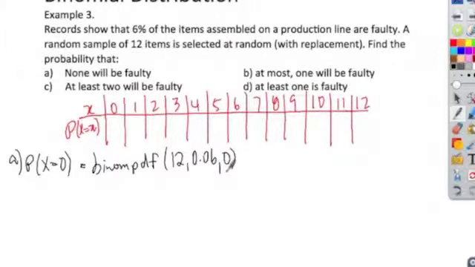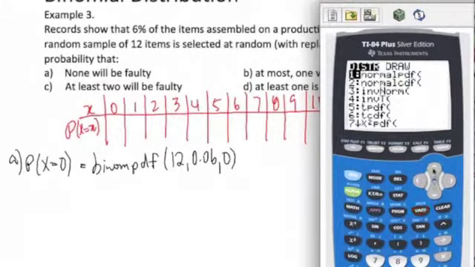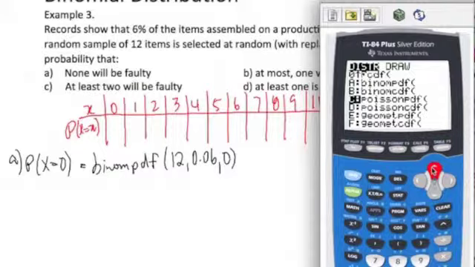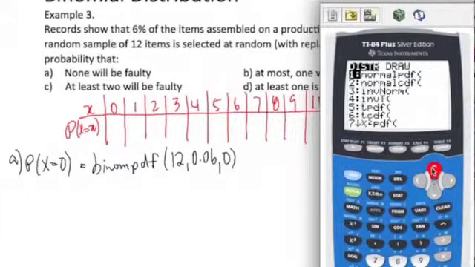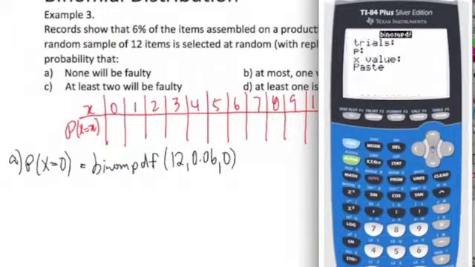And if you do this calculation, our trials will be 12, probability of success 0.06, and number of successes that we're looking for is 0 in this case.